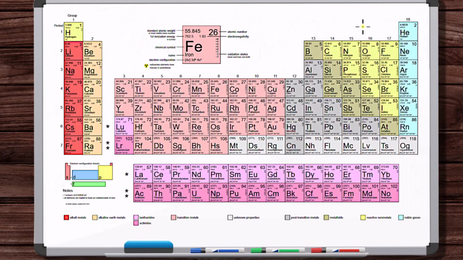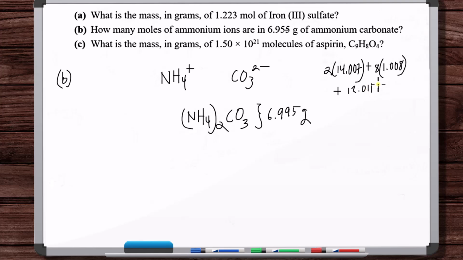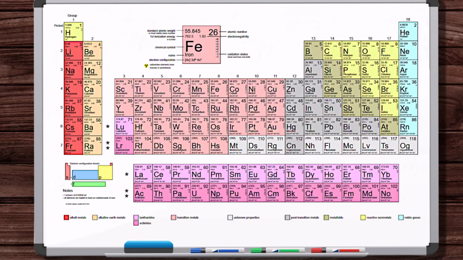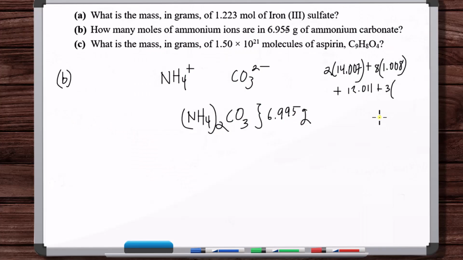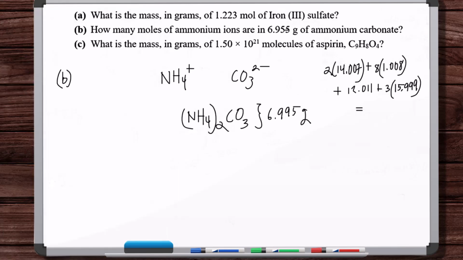Okay, carbon, 12.011. And then oxygen, 15.999. Okay. $96.086.